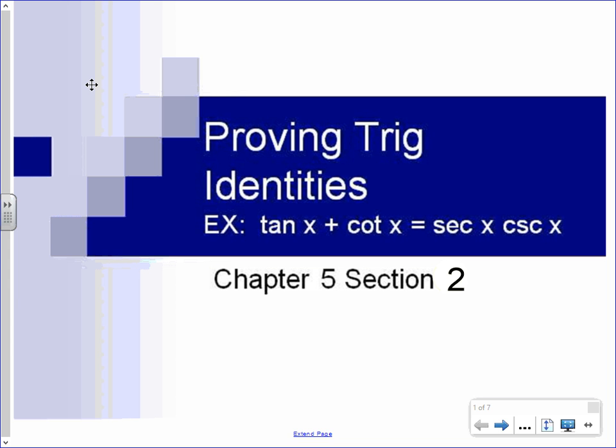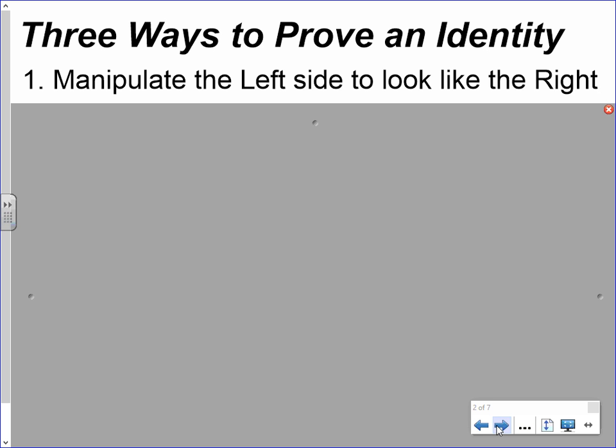Three different ways that you can do this. Our end goal is to get both sides to look the same. When you have both sides that look the same, you have proof that those two identities are indeed equivalent. So, what can you do?